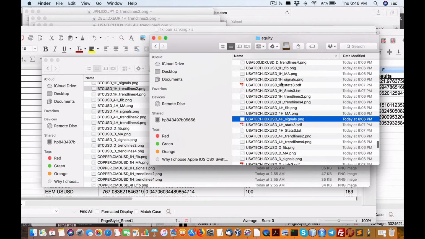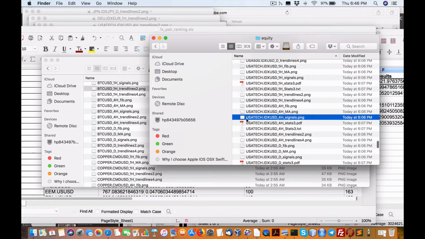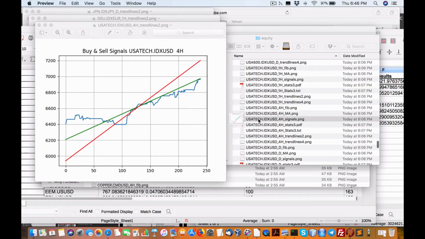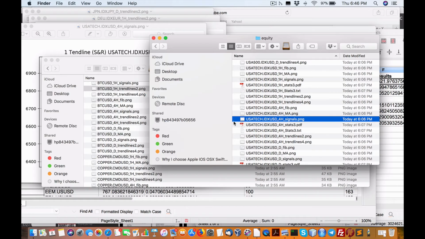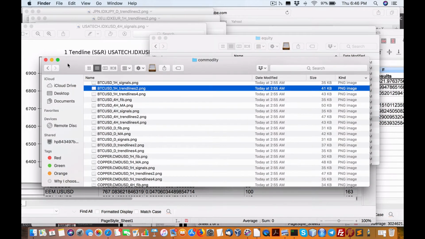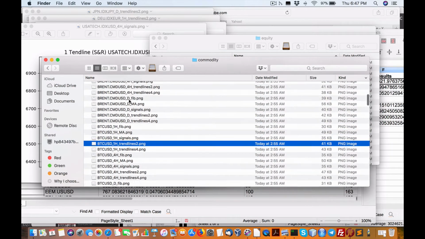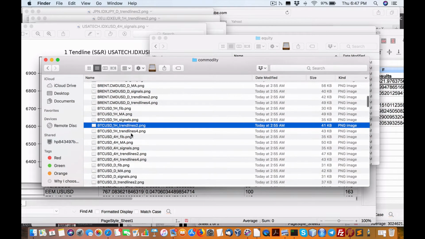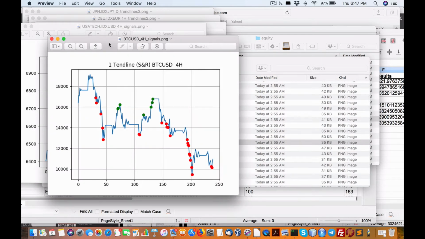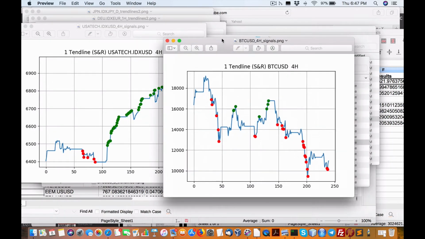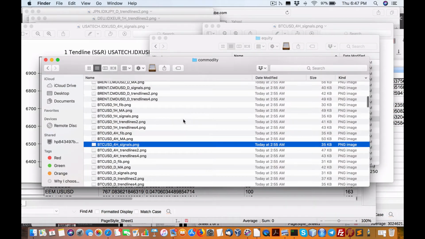Now, let me just load up the 4 hour on the tech, okay? So we'll do that, and then I'll load up the Bitcoin 4 hour as well. So just to do a comparison, Bitcoin. Yeah, so you can see here quite clearly where your capital should be going.